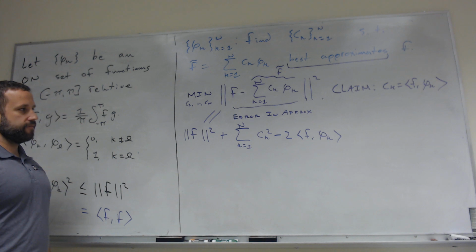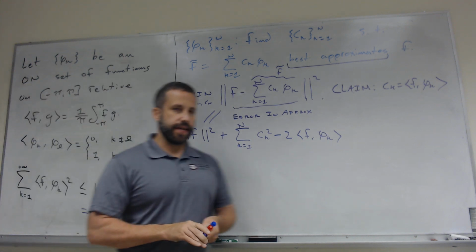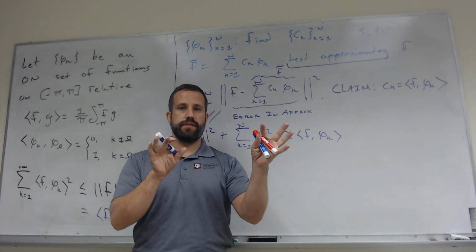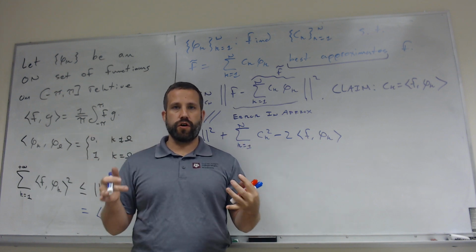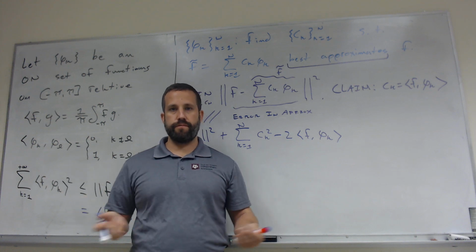When you're minimizing something, one of the things you can try is to write things as positive terms, and then make those terms zero. Because if I have a sum of positive terms, how do I make that sum small? Well, I make all of the terms zero.